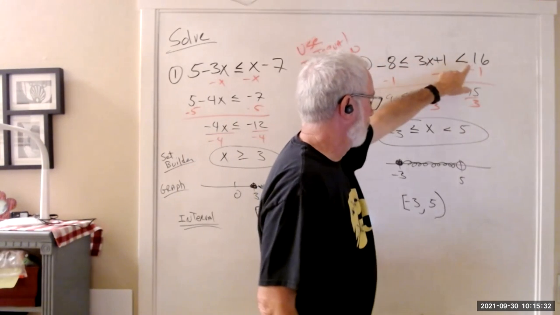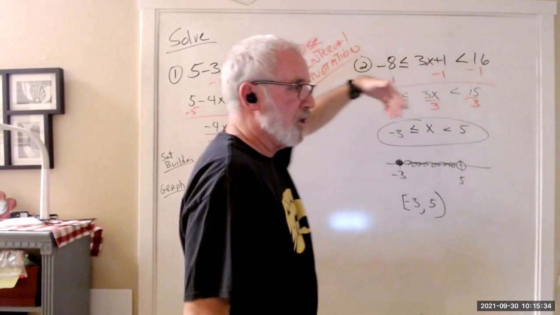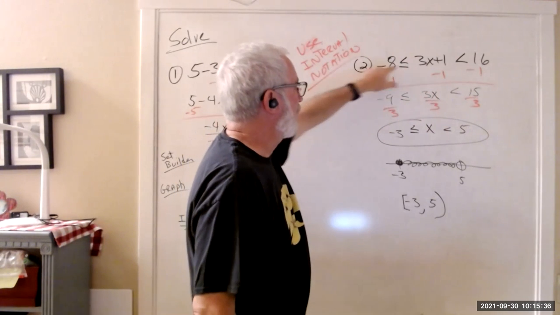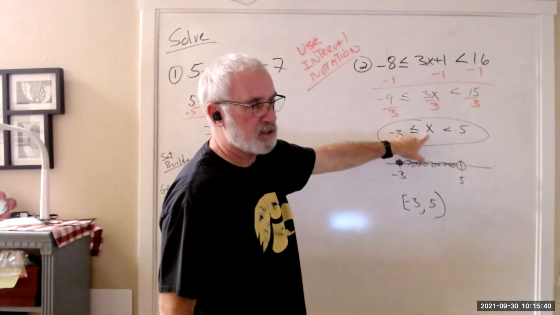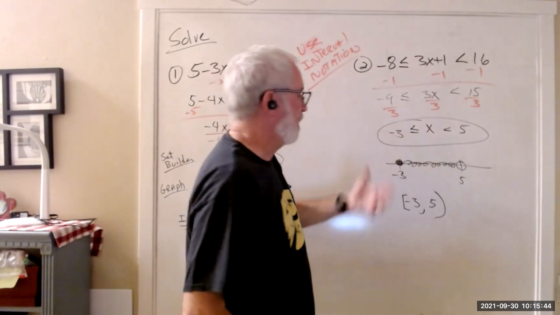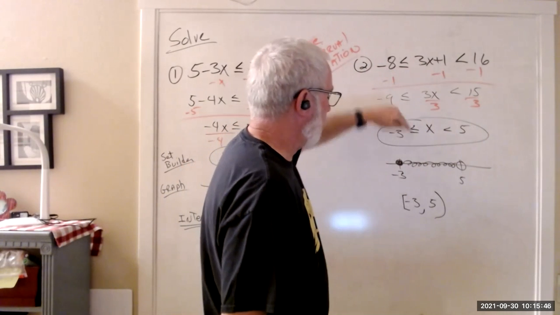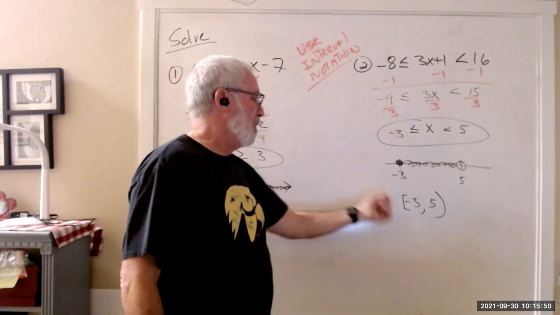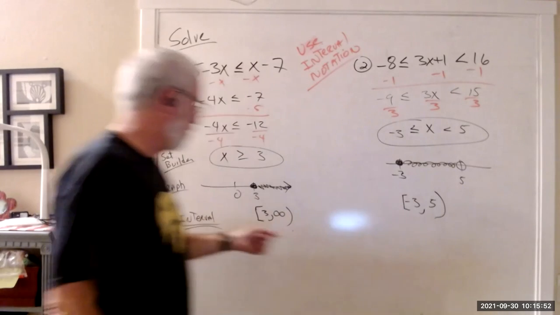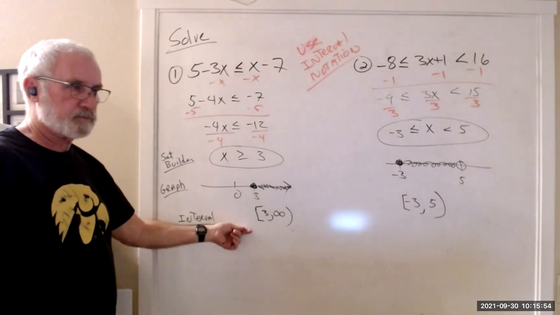It's like 2 problems for 1. So the game was to get the X in the middle totally isolated, get X by itself. So that was getting the basic answer. Then it was converting that answer into interval notation.